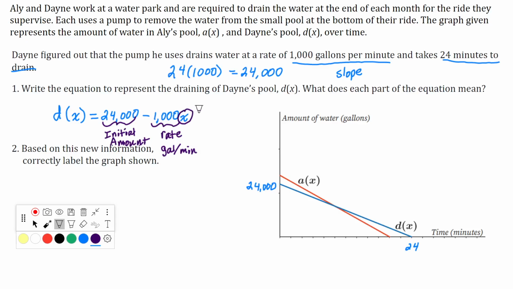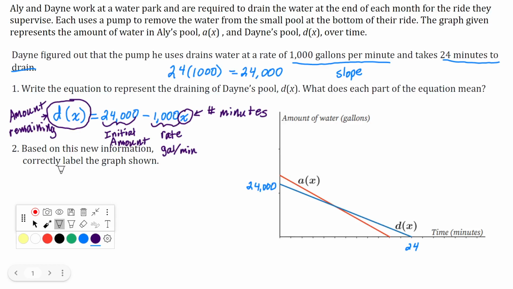X is the number of minutes. And the expression, the notation D of x, is the amount remaining in the pool. So every single piece of this function has some sort of meaning and context.